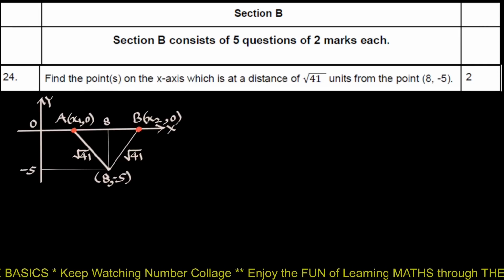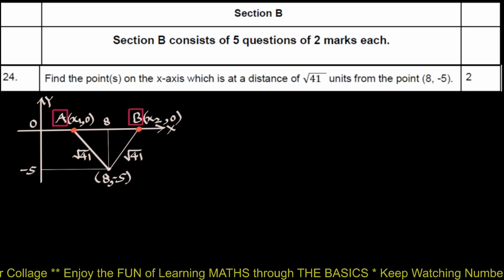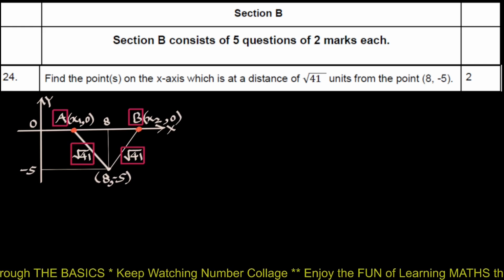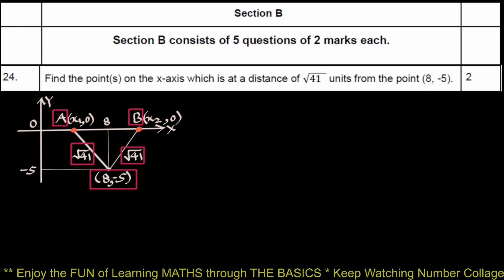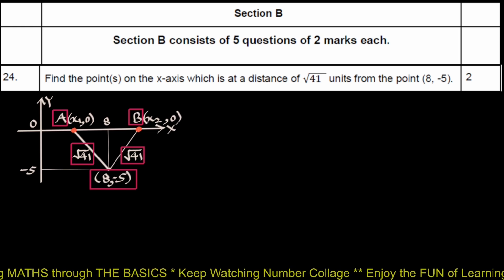There will be at most two such points on the x-axis, A and B, which are at a distance of root 41 from the point (8, minus 5). We also must know that the y-coordinate of every point on the x-axis is always 0.